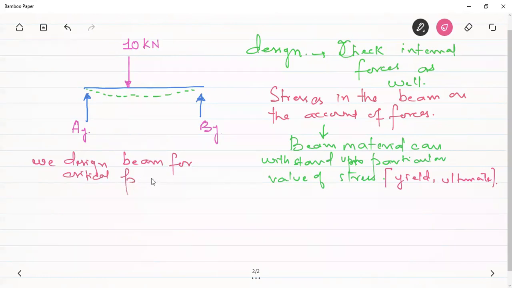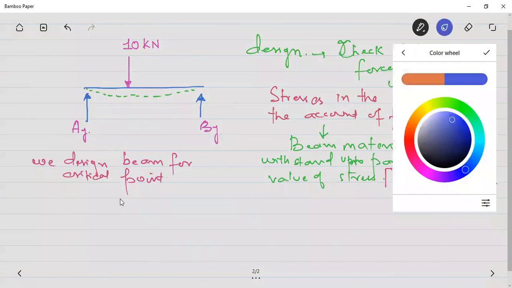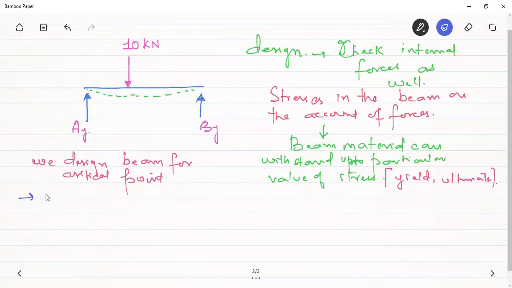We design the beam for the critical point. And what is this critical point? The critical point is the point of maximum stress.